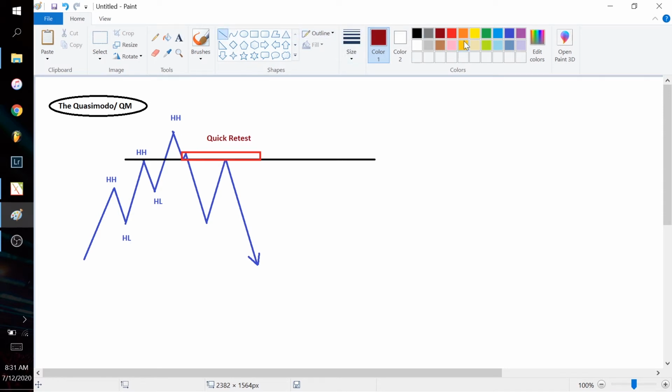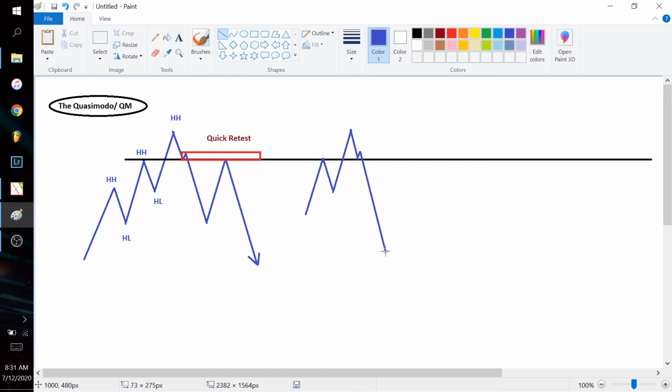The other one that you see more commonly is the late retest QM. So basically, you have the high, you have the low, a higher high, look for the supply zone here, you have a massive drop, and price goes down very heavy, it doesn't come back for a while.